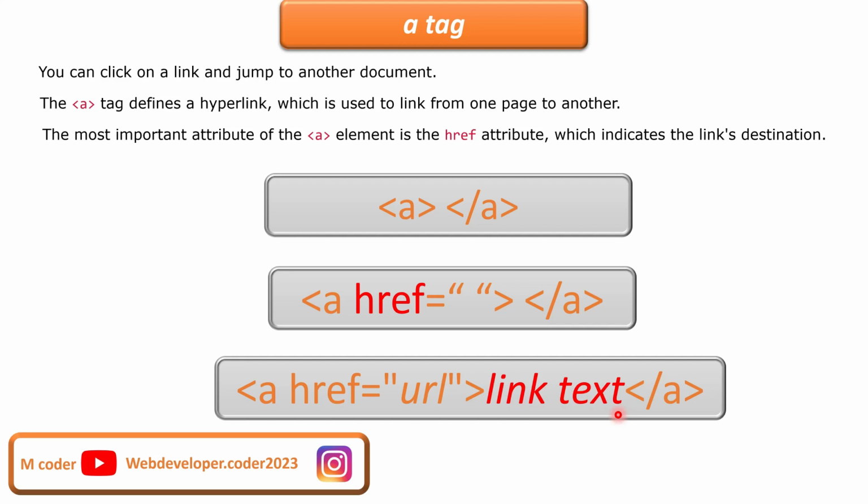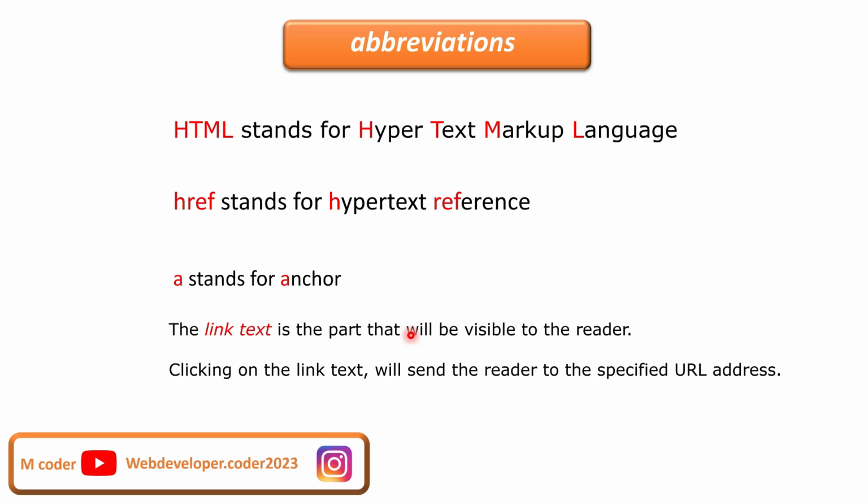Now let's see what the abbreviations are. A is the abbreviation of anchor. Href is the abbreviation of hypertext reference. What does the word hypertext mean? The word HTML itself stands for Hypertext Markup Language. Now, why do we call it hypertext? Because we don't have only text inside the website.